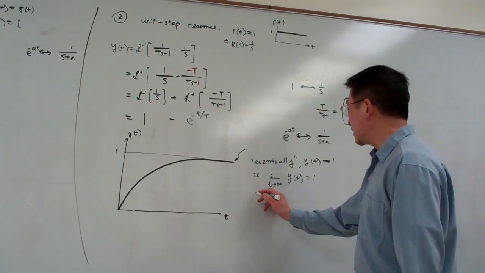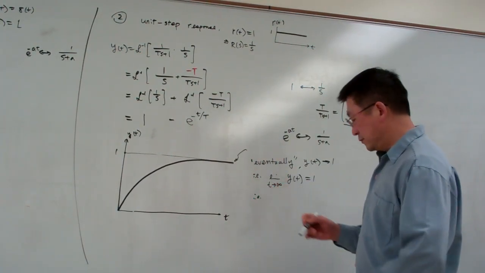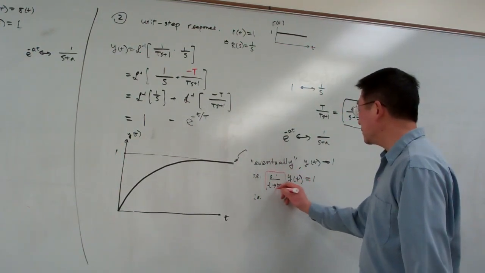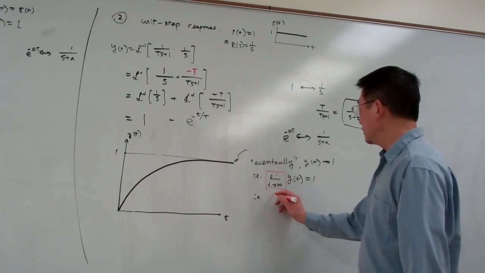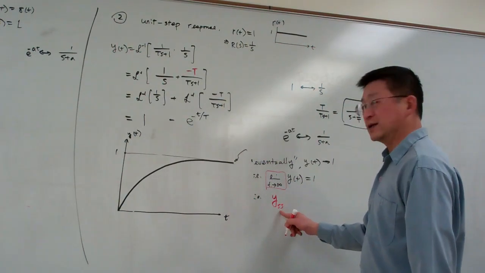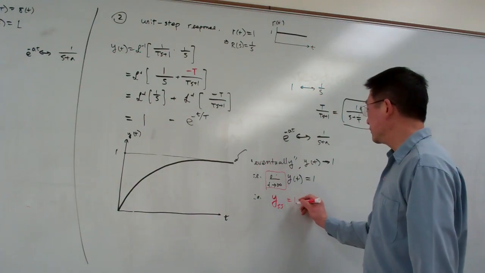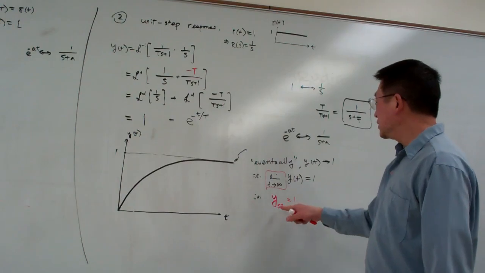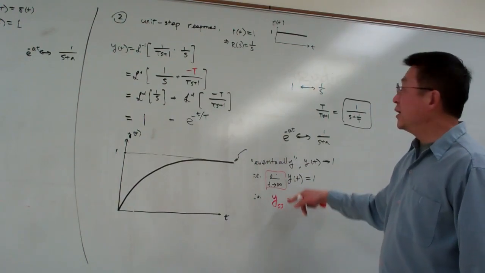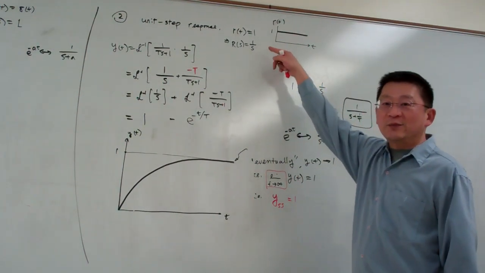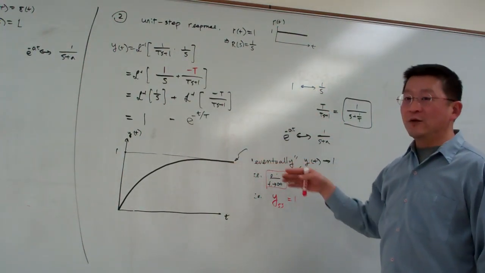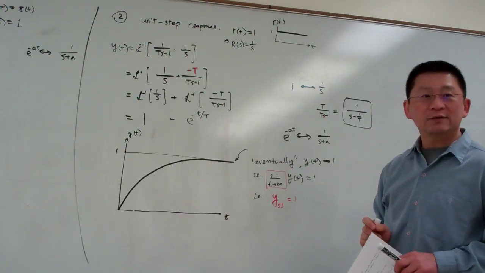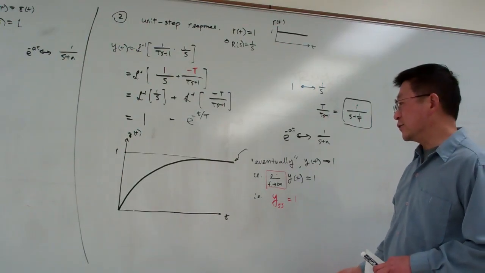So when we say the response of the system goes to infinity, that means the steady state response equals 1. And our input equals 1, so eventually the system will follow the command exactly without any error. Okay, so that is the feature of the first order system.